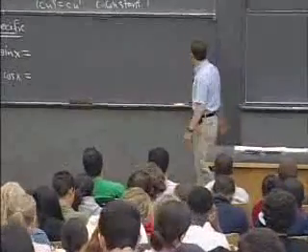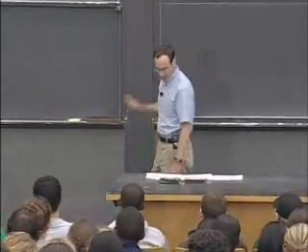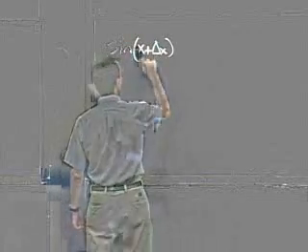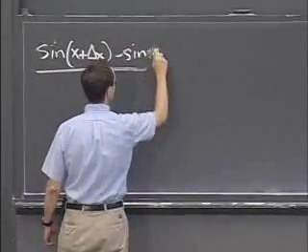All right, so in order to calculate these, I'm going to start over here and just start the calculation. So here we go. Let's check what happens with the sine function. I take sine of x plus delta x, I subtract sine x, and I divide by delta x.